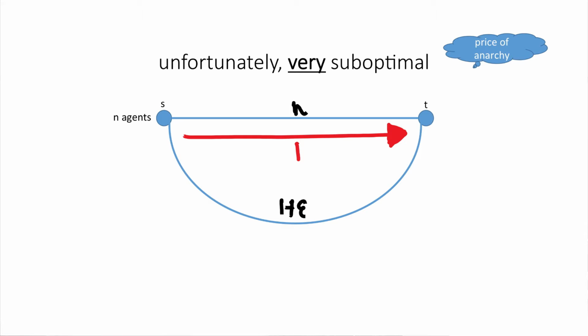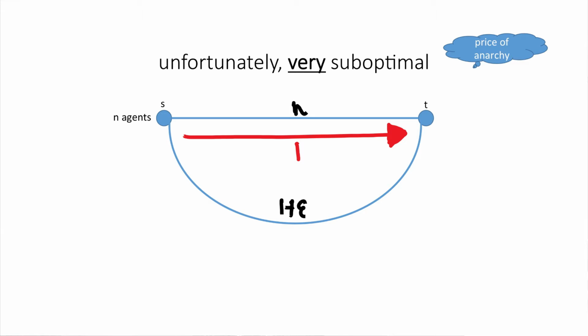Now, the problem is, if all the agents are currently using the expensive edge, the edge of cost n, then no one of them has incentive to deviate to the cheaper edge, right, because individually they are paying only a cost of 1, because the total cost of n is shared among n agents, and none of them will deviate. But the problem is, the best solution of course is for all of them to use the cheap edge.